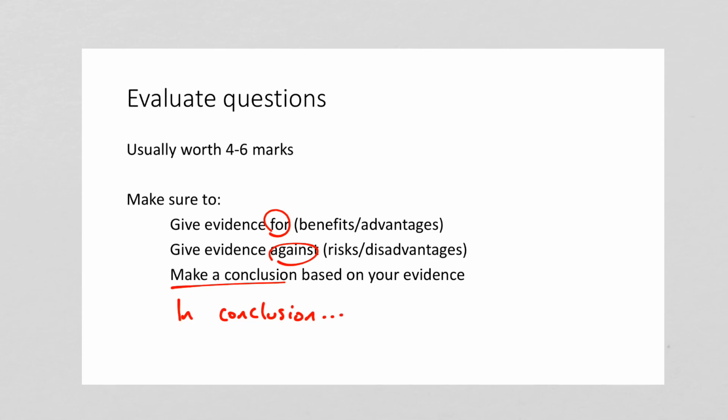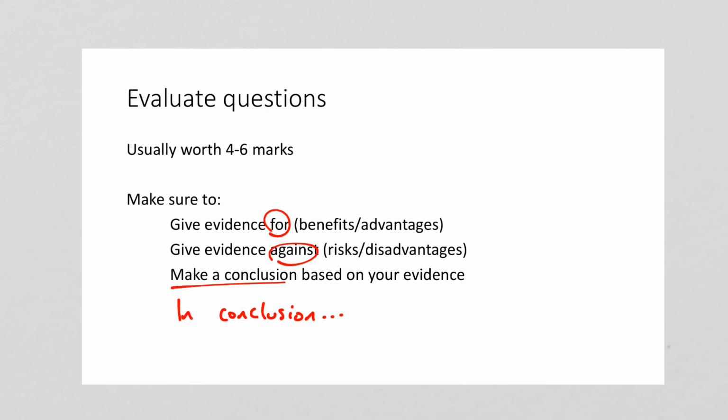If you write, in conclusion, I think vaccines are a great idea because of blah, blah, blah, and again, you reference some of the evidence that's within your answer, you still get the marks. So you don't gain or lose marks for whether or not they agree with your conclusion, just whether or not it is based on the evidence that you've already presented.